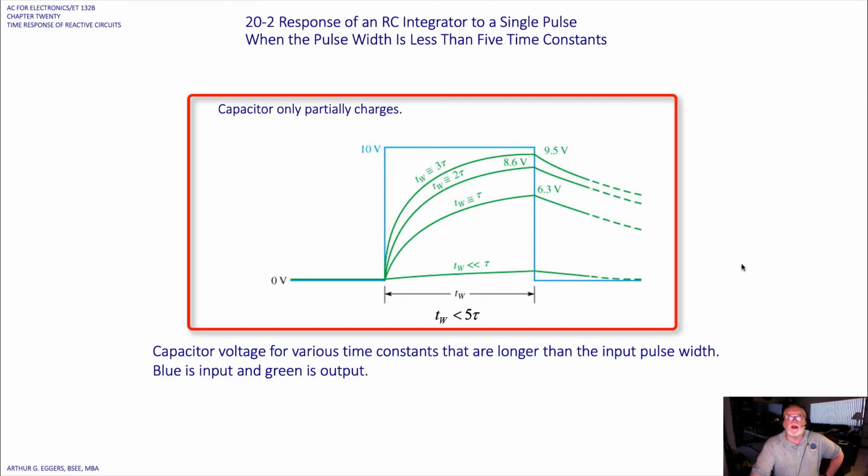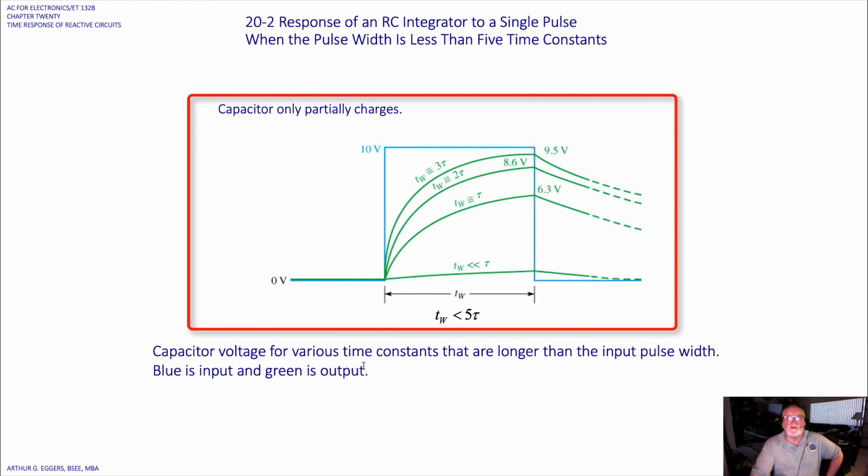Capacitors that partially charge: you can see if we don't let it go 5 time constants, we end up with a pulse that does not reach the input voltage. So 9.5, 8.6, 6.3, and these are all values again that we've seen before based on the time constants.